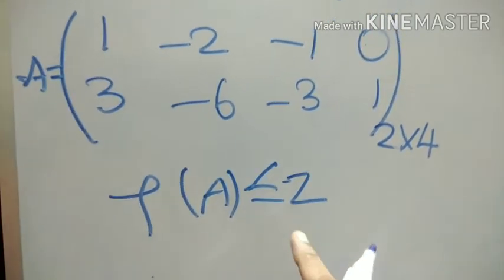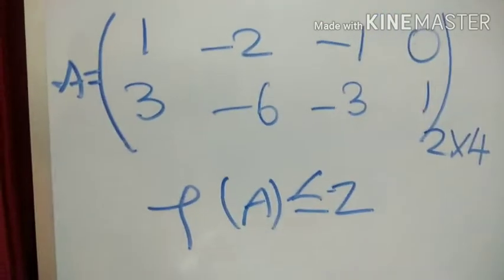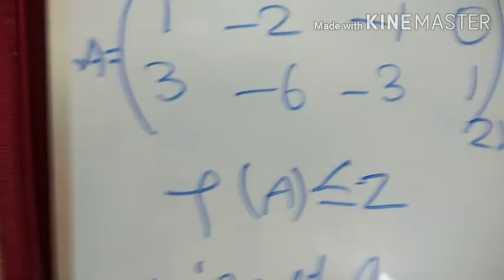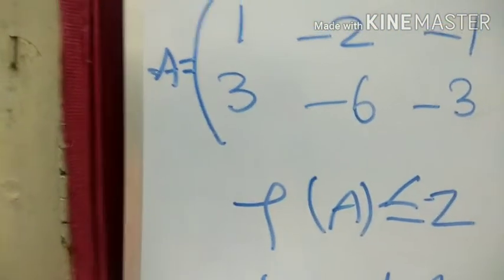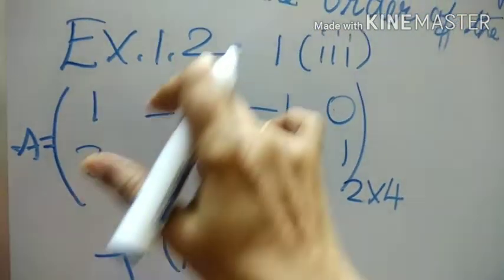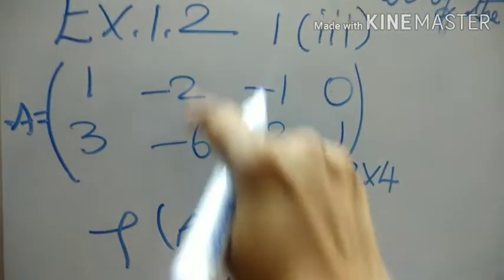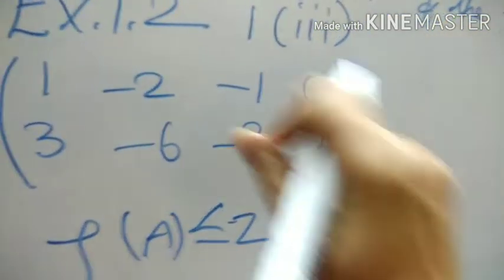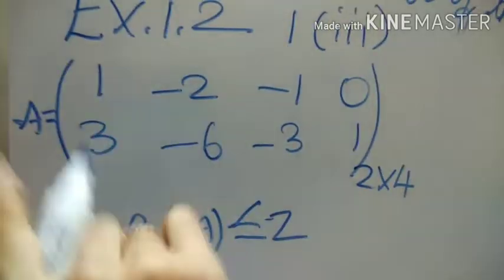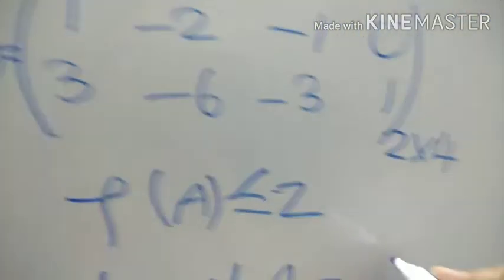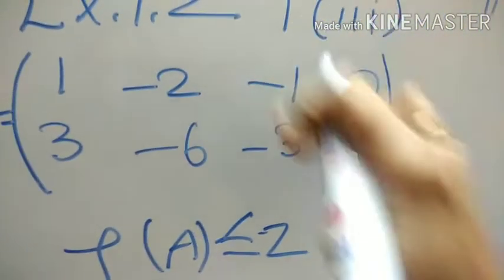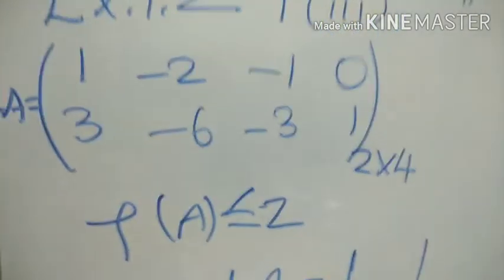Now find any 2 by 2 minor. What do you mean by minor? Writing a 2 by 2 minor of A means I can select first column and second column, or second column and third column, or third column and fourth column. Any combination you can get: 1 and 2, or 1 and 3, or 1 and 4, like that. I am choosing the last 2 columns because the numbers are a little different, which will yield the answer immediately.